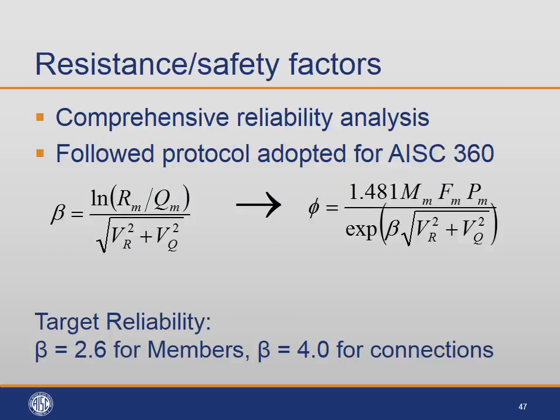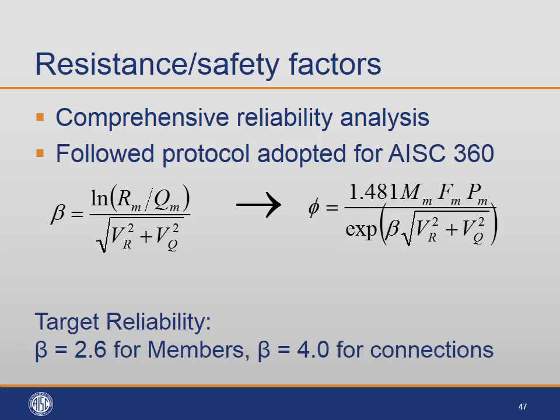In order to calculate these resistance factors, we carried out quite a comprehensive reliability analysis following the protocol that was used for AISC 360. I've put on this slide the target reliability indices we used, 2.6 for members and 4 for connections.